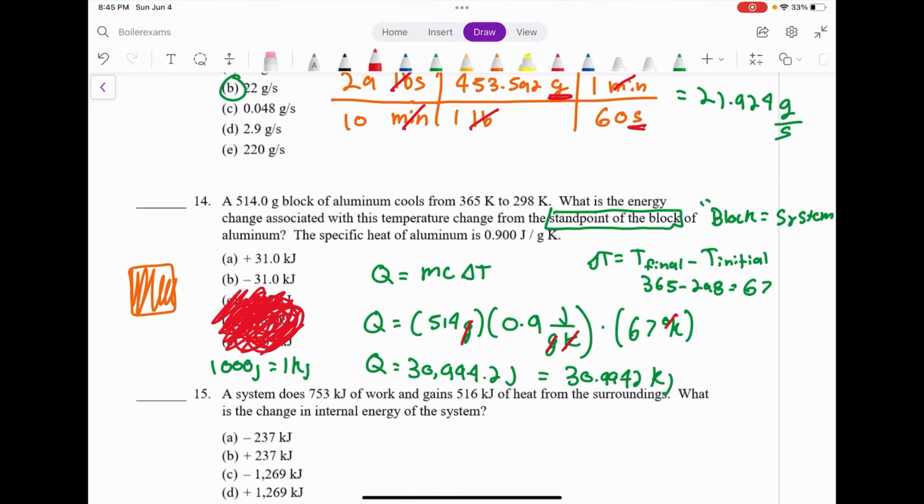So it is losing energy to the surroundings. Our system is giving off heat to the surroundings. It's losing energy. The change in energy of our system is negative. The energy is decreasing because our system, the block, is losing kinetic energy. Its temperature is decreasing. 14B.